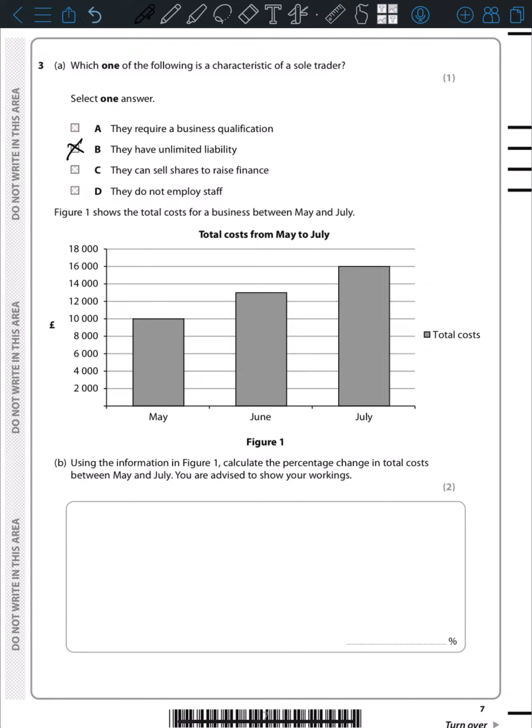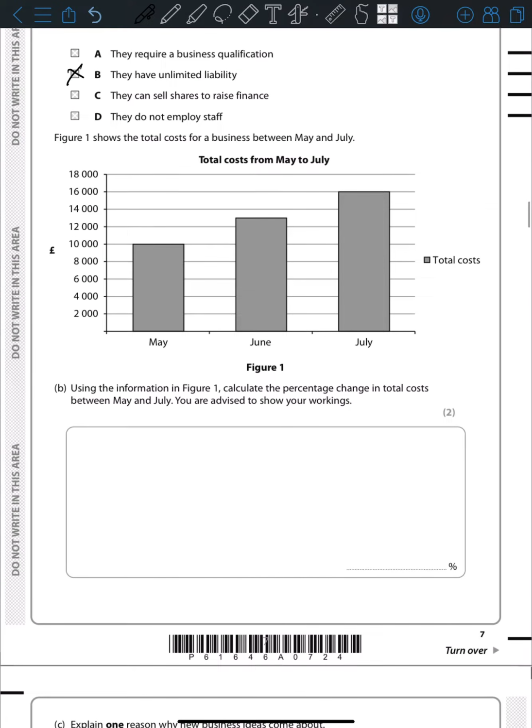So if a sole trader goes bankrupt and it has loans, the lender has the right to ask for the sole trader's house or whatever asset they have in order to gain their loan back. So their liabilities are not only limited to business, but they also incur personal liabilities.